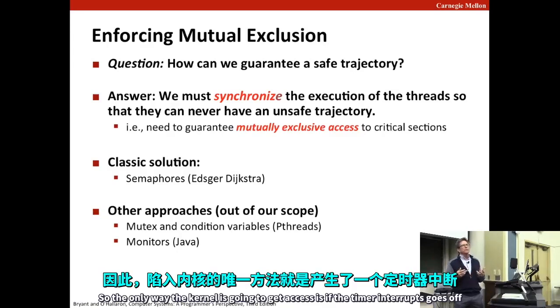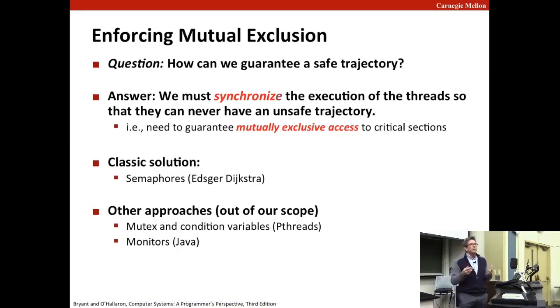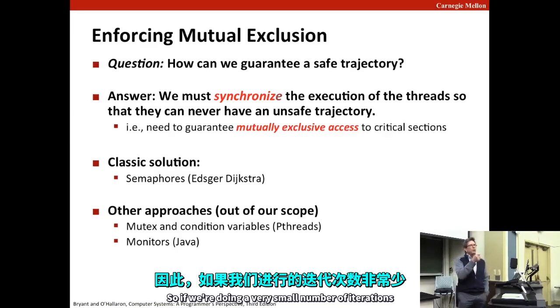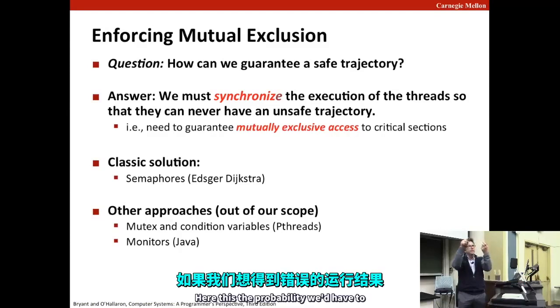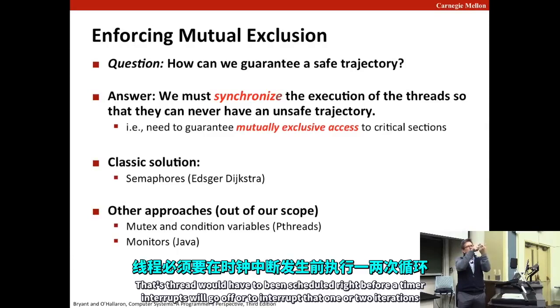So the only way the kernel is going to get access is if the timer interrupt goes off. So if we're doing a very small number of iterations, the probability that, say here's the timer interval, it's going off at intervals like this, the probability that thread would have to have been scheduled right before a timer interrupt would go off for it to interrupt that one or two iterations.